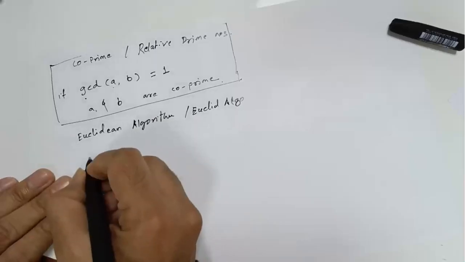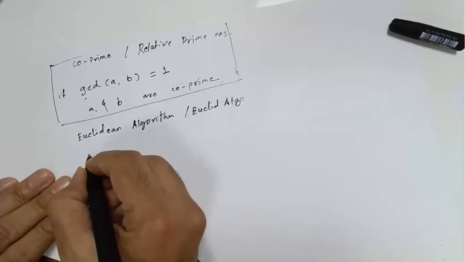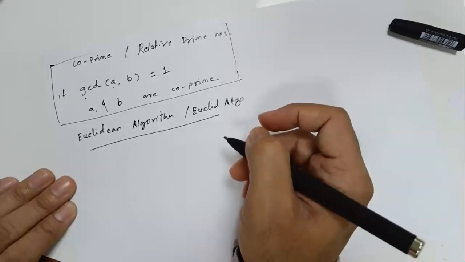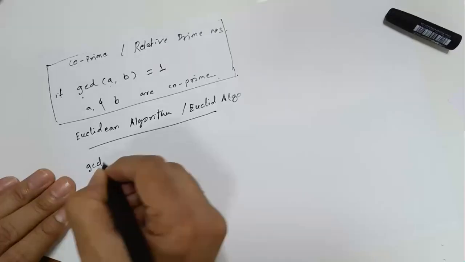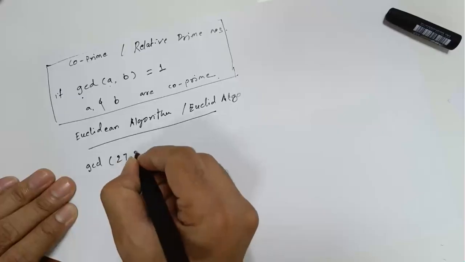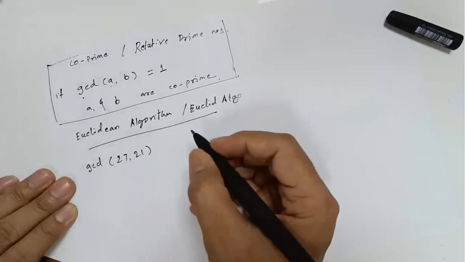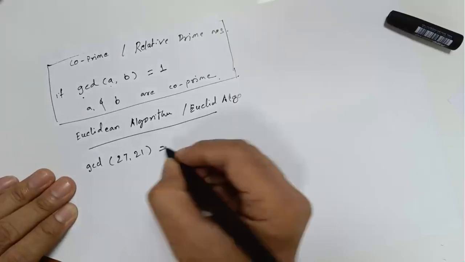Let me give you the example first. GCD of 27 and 21. Can anyone tell me what is the value?